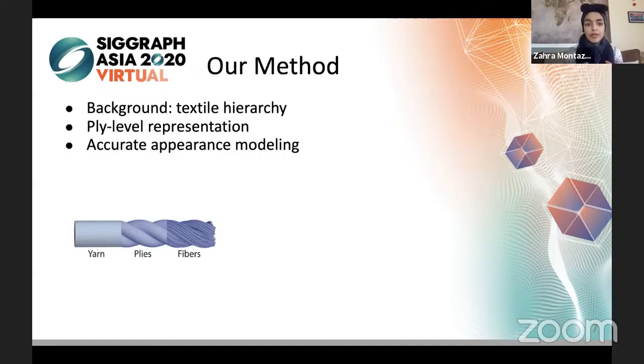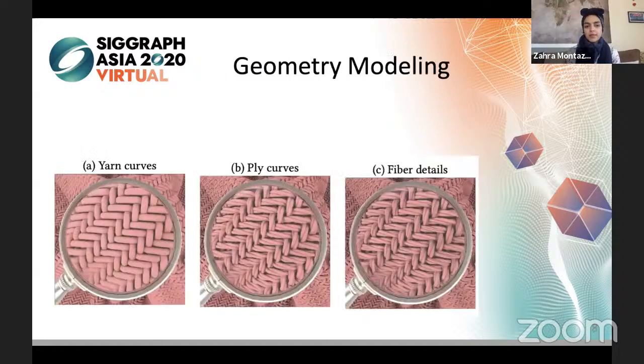If you want to make something accurate, it has to be in fibers, but that's not practical. So in this model, we start with the yarn level, which is the conventional way of modeling the cloth, other than surface-based, of course. If you want a yarn-level representation, it would be the one at the left. We have a yarn representation of a cloth.